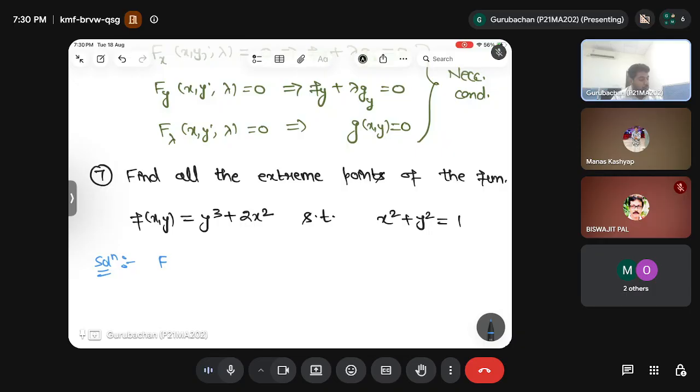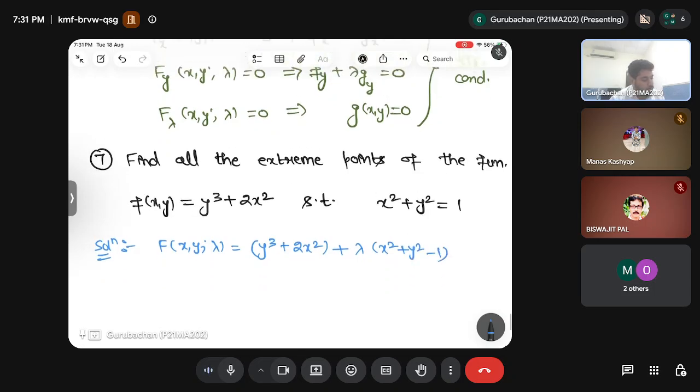So let me first of all construct the auxiliary function for this Lagrange's multiplier. This capital F is called the auxiliary function. So this will be y cube plus 2x square plus lambda times x square plus y square minus 1, because we want g(x, y) to be 0.